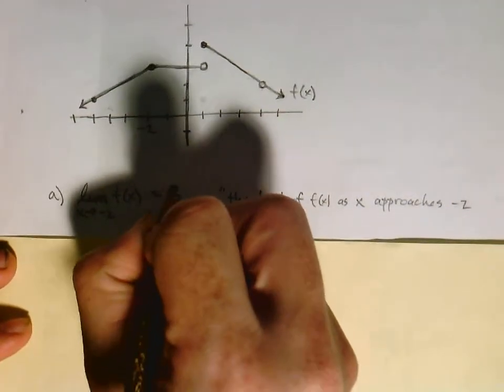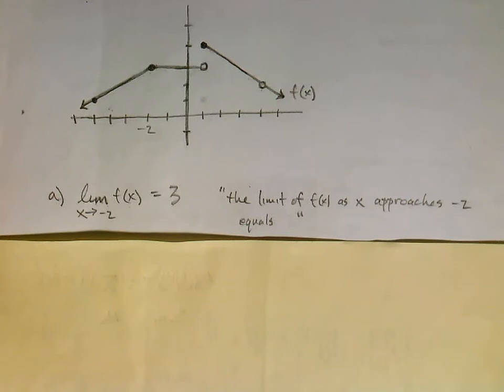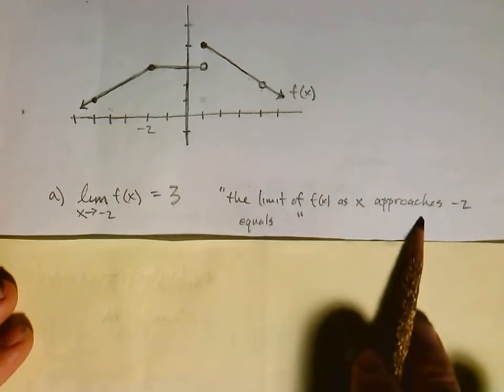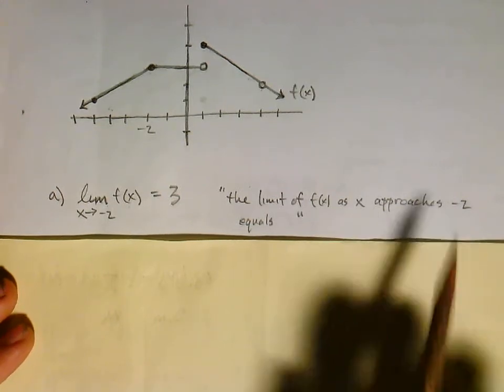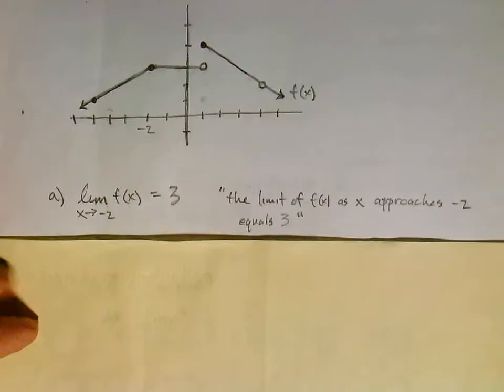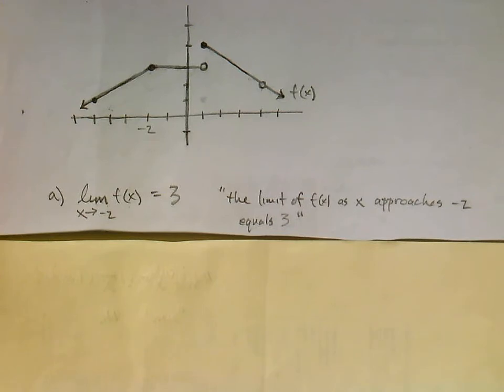Now there's more going on than just the point is at 3. Notice the way the language is worded: as x approaches negative 2. It turns out we actually don't care what happens when x reaches negative 2. We're asking what f of x is as x approaches negative 2.